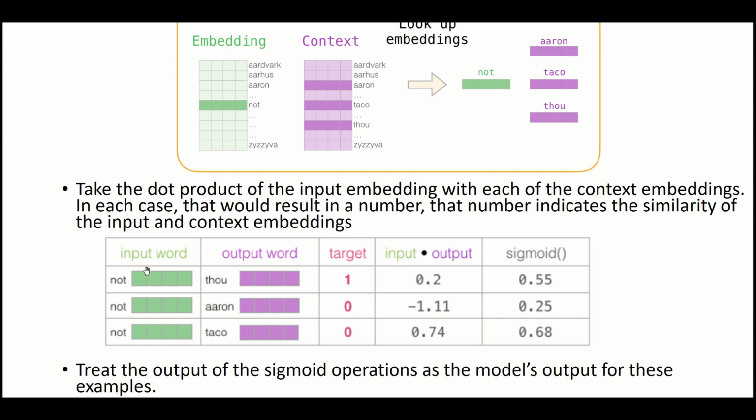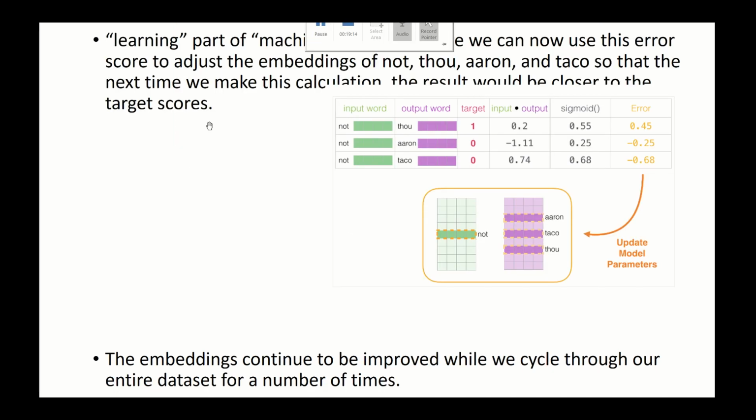So for "not" and "thou" you get almost 55% similarity, for "not" and "Aaron" you get only 25%, and for "not" and "Taco" you get almost 0.68 similarity.